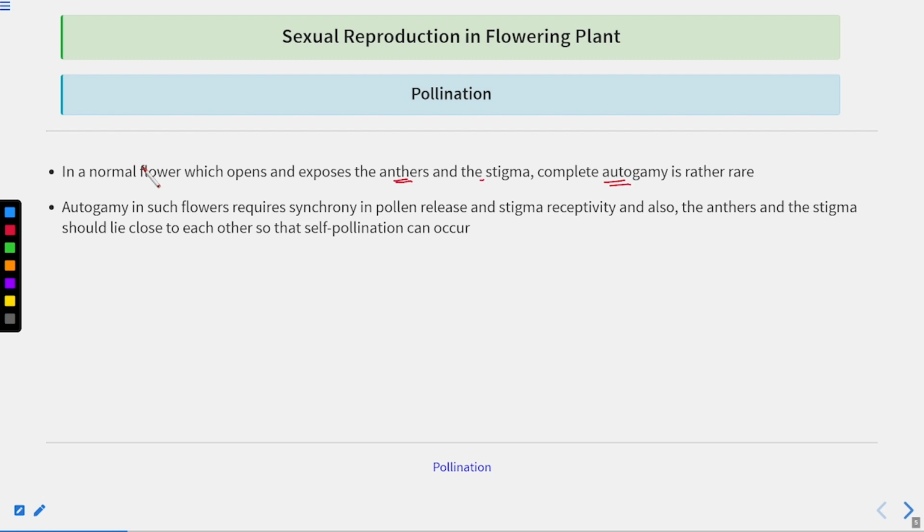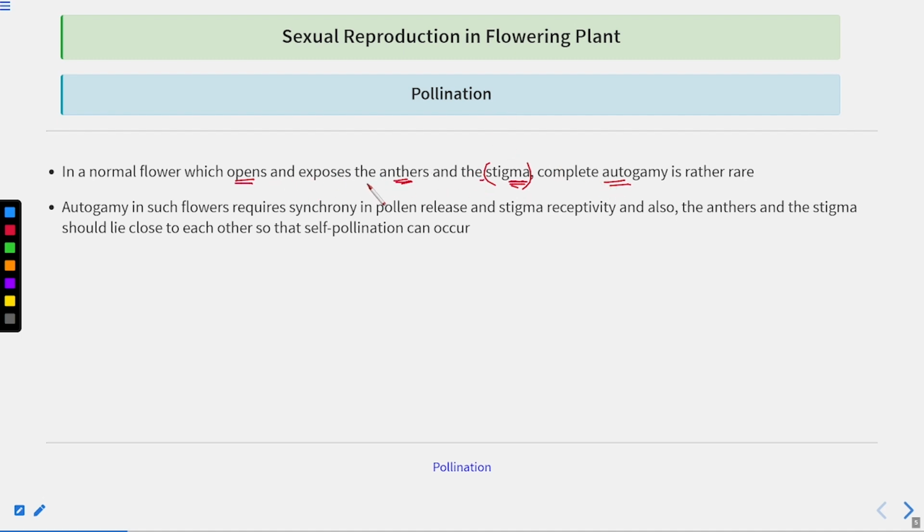Now, if the flowers are open, it means the anthers as well as the stigma are exposed to the environment. So what can happen? The pollens from the other plant can land on the stigma. And if the pollen is compatible, then it can fertilize the egg cell. So what does this mean?